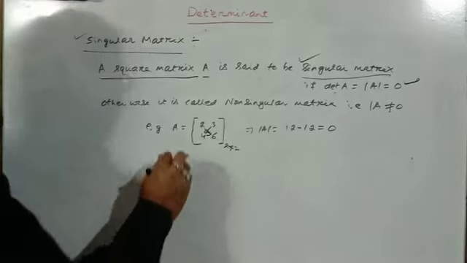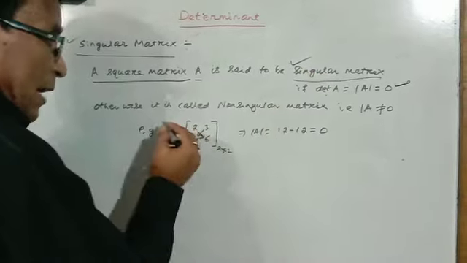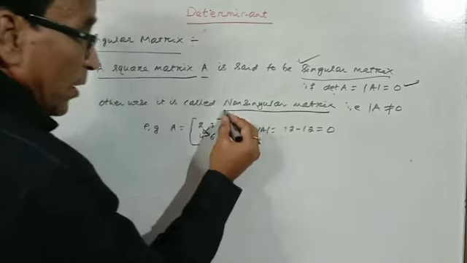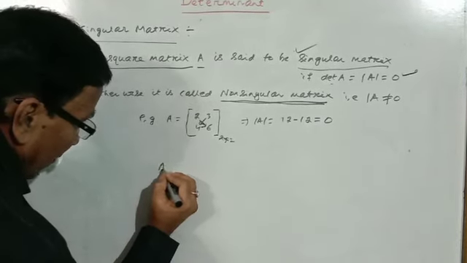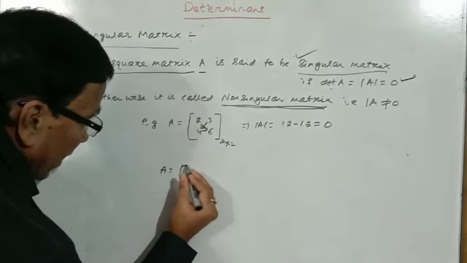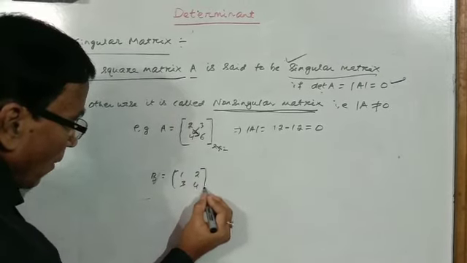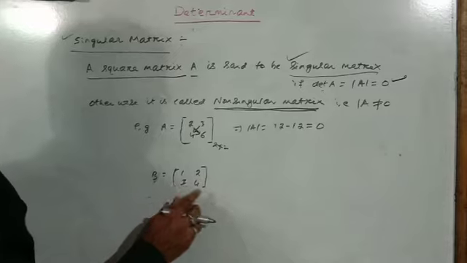Then if a matrix is not a singular matrix, we say that the square matrix is a non-singular matrix. That means again you see that if I take B to be a matrix equal to 1, 2, 3, 4, so we have taken B as a square matrix 1, 2, 3, 4.